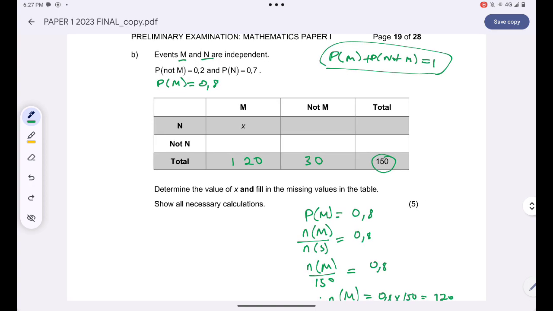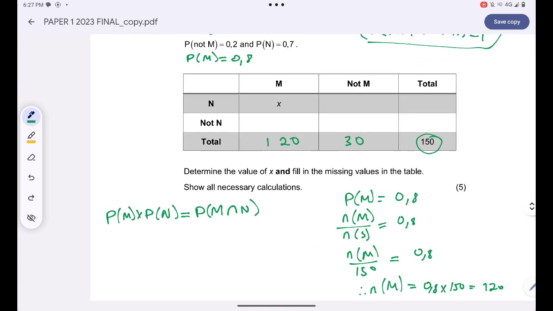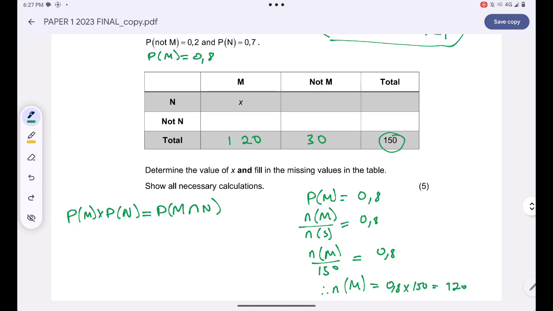That means the probability of M multiplied by the probability of N is equal to the probability of M and N. Are you together? The probability of M is just 120 over 150 times the probability of N. How can you find the probability of N?